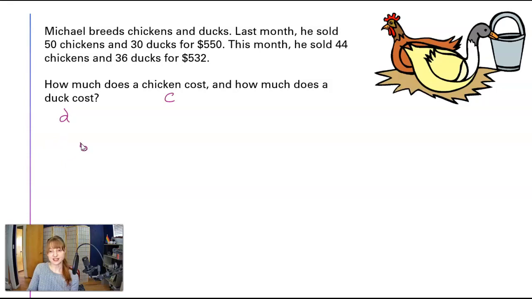So it'll be 50 times C. Then we have 30 ducks, same idea, we'll add 30D. So this 50C is the amount he sold in chickens, and this is the amount he sold in ducks, in dollars. If we add those together, it says in the problem that this is $550. So 550 right there.